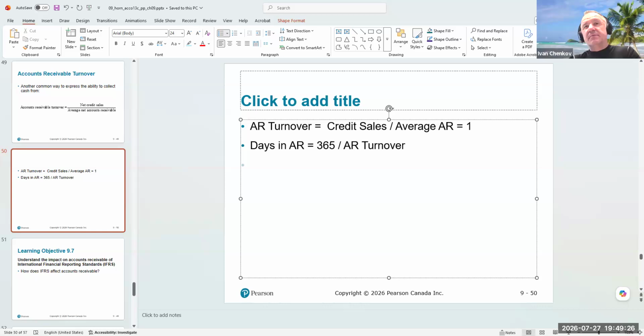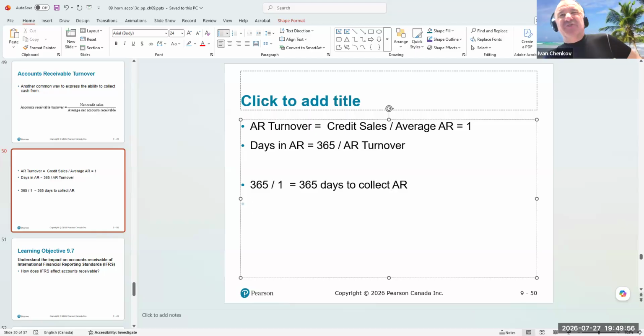So if my accounts receivable turnover is 1, that means days in accounts receivable is going to be 365 divided by 1, so it's going to be 365. That means it takes me 365 days to collect accounts receivable, which means once you make the sale, you're going to see the cash after 1 year.